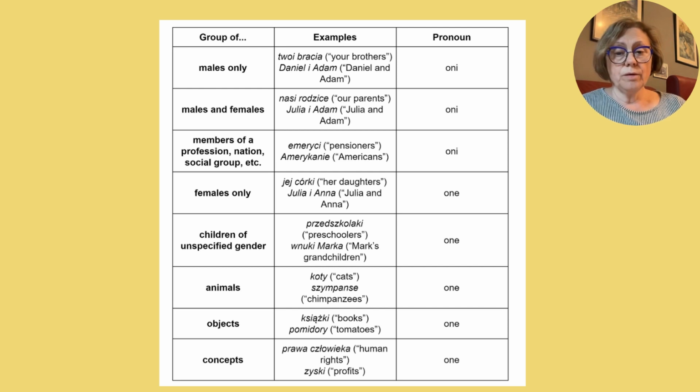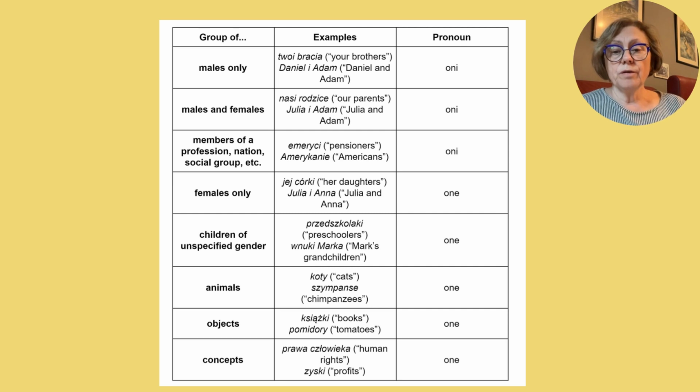Group of members of a profession, nation, social groups, etc. Examples: emeryci, pensioners, Amerykanie, Americans, pronoun oni.